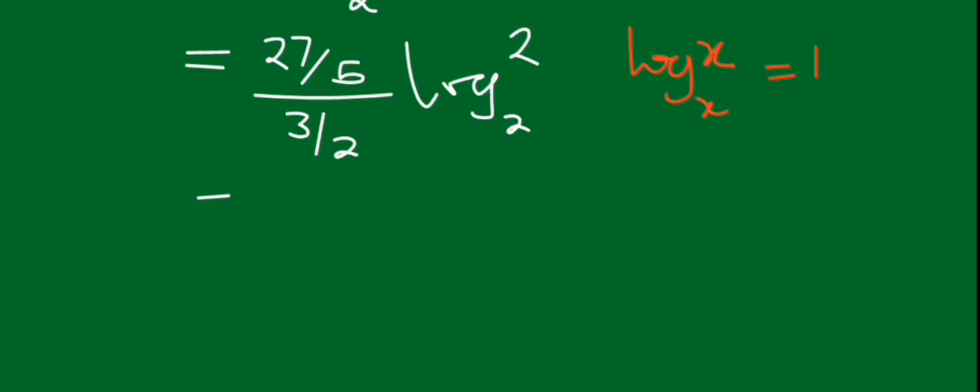Thus the expression becomes 27/5 over 3/2 times 1, which is log 2 to base 2.